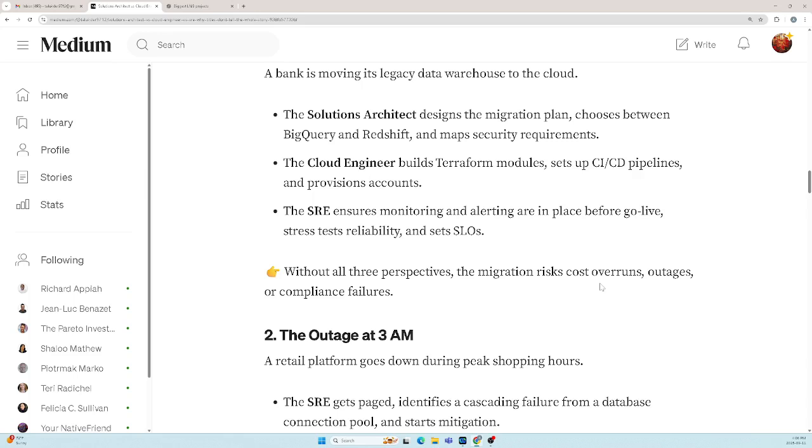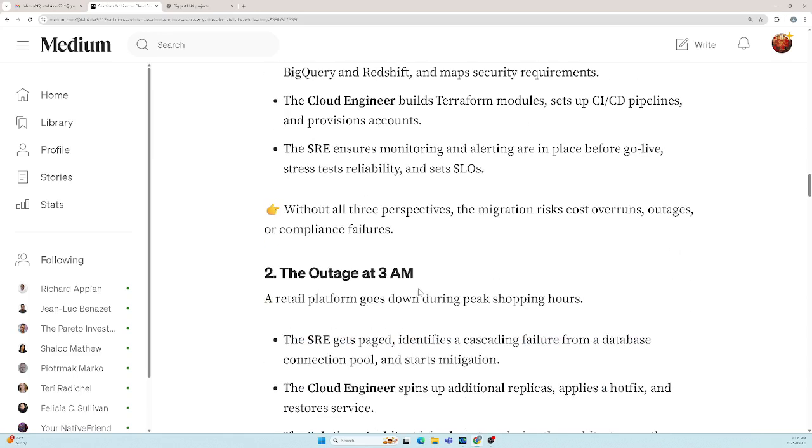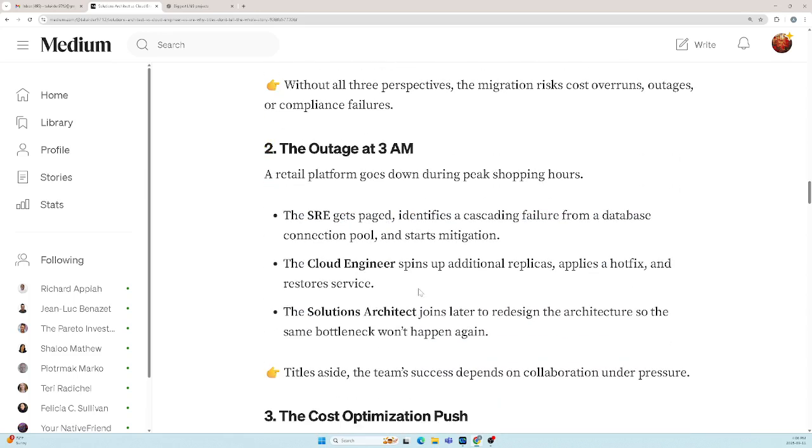This is very important. Now for another scenario, an outage. The outage happened at 3 a.m. when a retail platform went down during peak shopping hours like Black Friday. The SRE identified the cascading failure from a database connection pool.